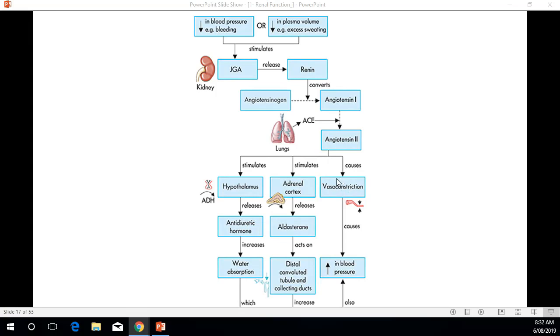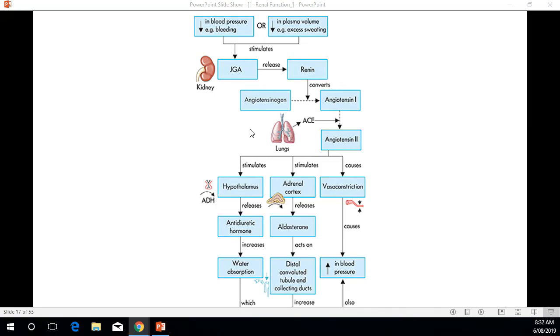It will also cause vasoconstriction all over the body, which will increase the peripheral resistance. Blood pressure will go up. Aldosterone causes reabsorption of sodium and water. Again, blood pressure will go up. ADH causes water absorption back into the blood. Again, blood volume will increase and BP will go up.